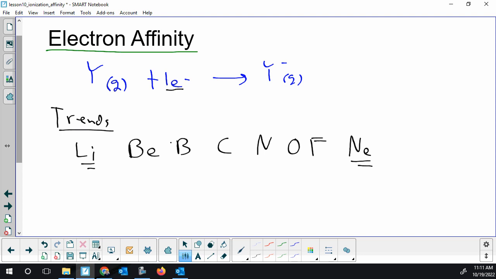Okay. Now we're going to have a little quirk. We got to deal with neon sort of at the end. So as we go this way, because of more protons, we're going to see an increasing ionization energy. Sorry, increasing electron affinity. My brain's still stuck on the previous term. Okay.